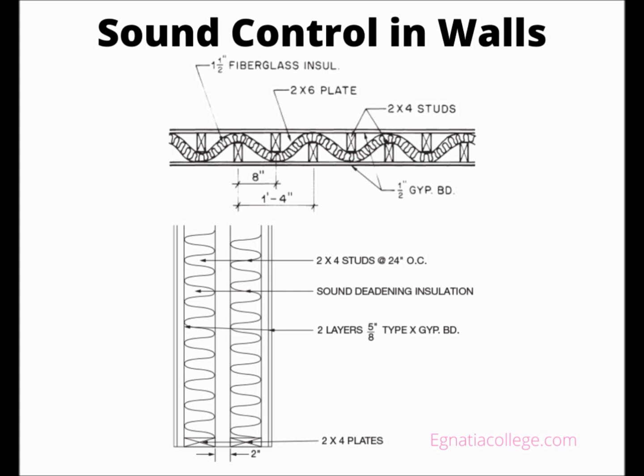Using the clips and sound deadening fiberboard results in an STC rating of 52. An STC of 45 is achieved without clips by using 2x4 studs and 2x6 plates. The studs are staggered on opposite sides of the wall so that no studs contact both surfaces. The STC can be increased to 49 by including fiberglass insulation.